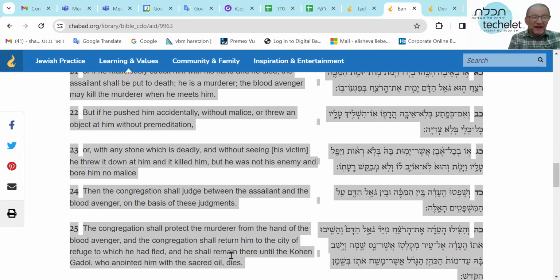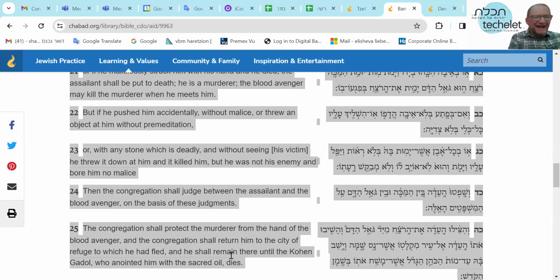Well, that's what you say, but that's not the halacha. Because the halacha is that it is the death of the Kohen Gadol at the time when the offense is committed. One opinion is it's the Kohen Gadol at the time when the offense is committed, in which case it's him.